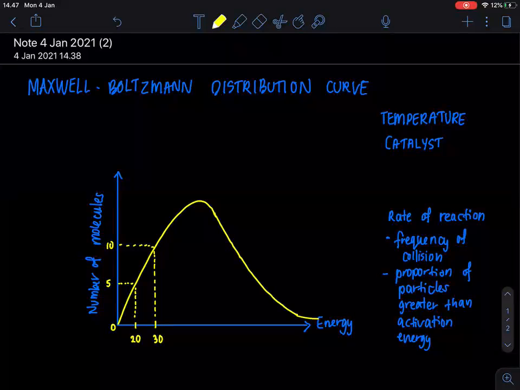What is represented by the peak over here? The peak tells us this is the most probable energy, or the mean energy.